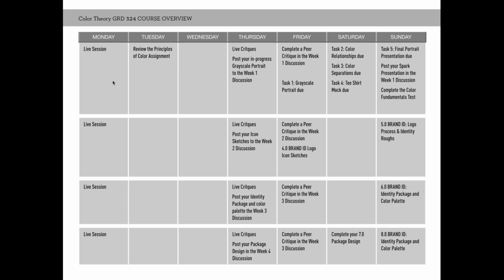The idea is that you post your work in progress wherever you're at by Thursday, and then provide some peer feedback on Friday. So Thursday's the deadline for the post. It doesn't have to be perfect or completed, but you need to give me something so that I can see where you are on this project going forward. That's going to be true for every week throughout the month.